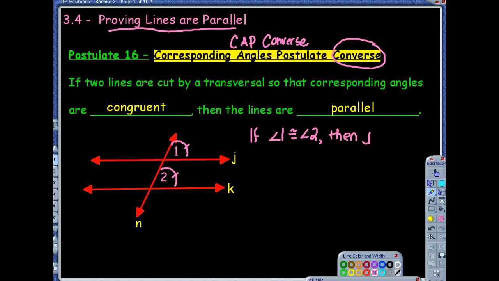That line J is parallel to line K. So again, the converse. Yesterday these were flip-flopped. We don't know they're parallel, we can't assume they are, but we know they are parallel after knowing corresponding angles are congruent. Everything today is dealing with the converse of the last 2 days.